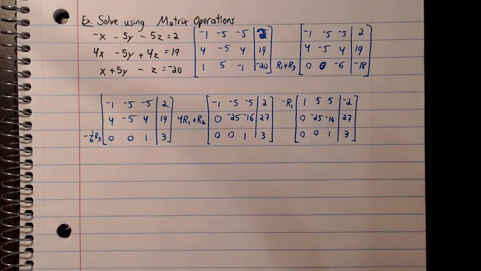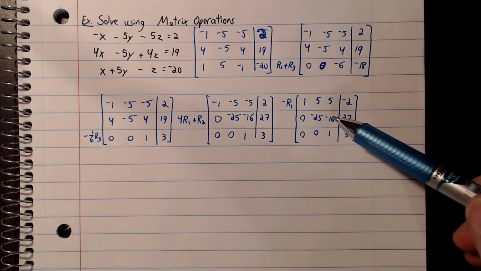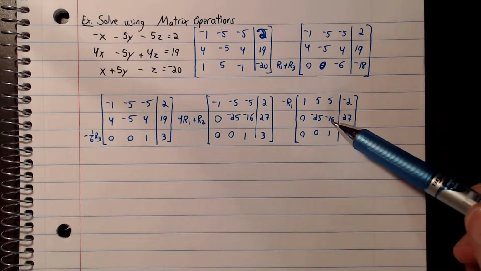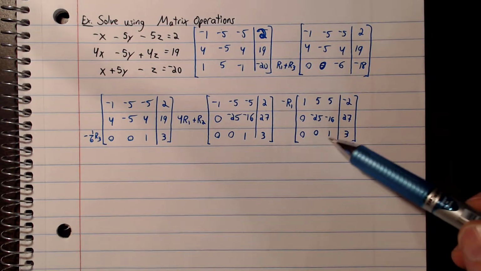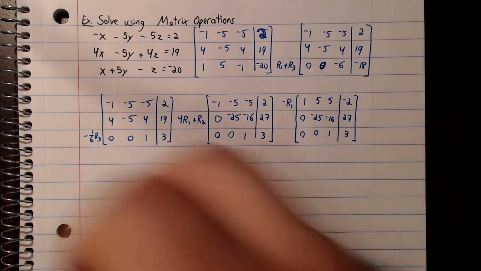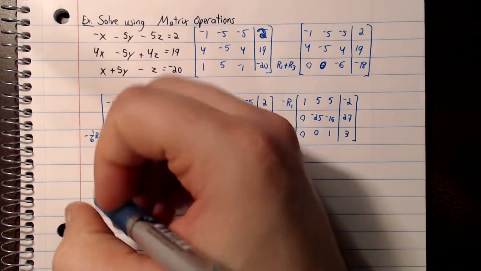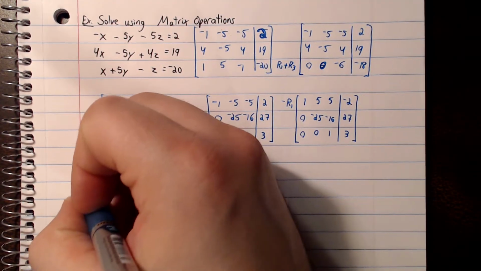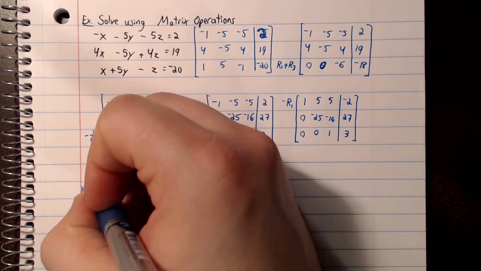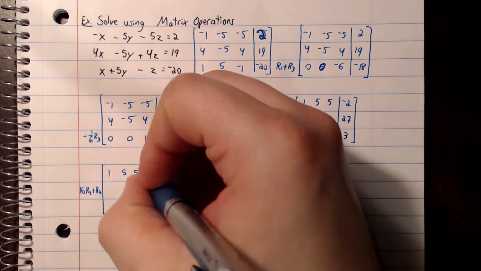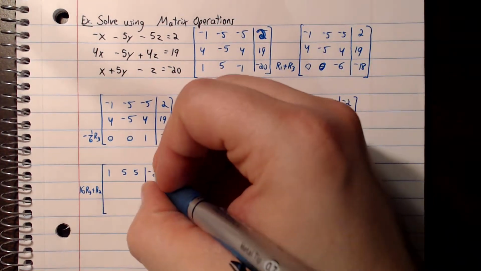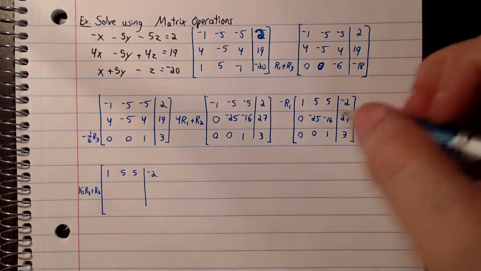Alright, so this is the next thing that I decided to do. I'm going to get rid of this 16. And I'm going to do that by adding 16 of these 1s to that -16. So that means I need 16 row 3s plus row 2. So just recopying row 1.